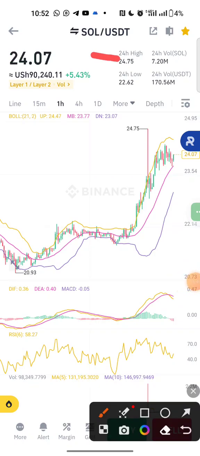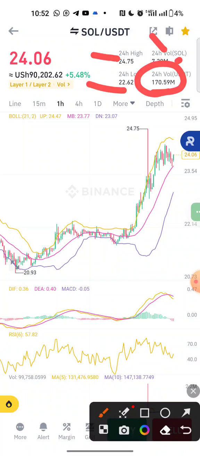In the last 24 hours, the lowest price. In the last 24 hours, the volume that has been invested. So you needed to basically be looking at how much. So 7 million worth of Solana and $170 million have been invested in Solana.